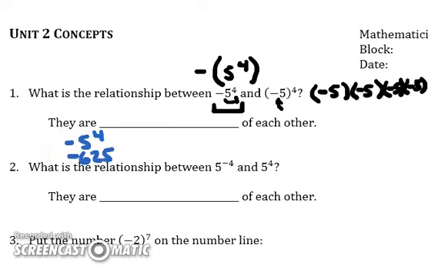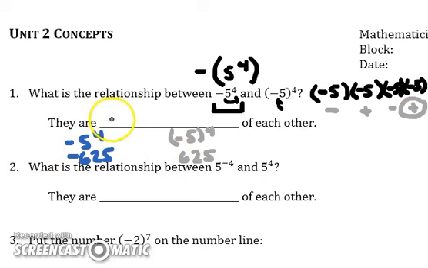-625. On the other hand, this (-5) in parentheses to the 4th power is going to be positive 625. If we take a negative times a negative, we get a positive. If we multiply by another negative, we get a negative, and then another negative ultimately makes our number positive. So this is positive 625, this is a negative 625.